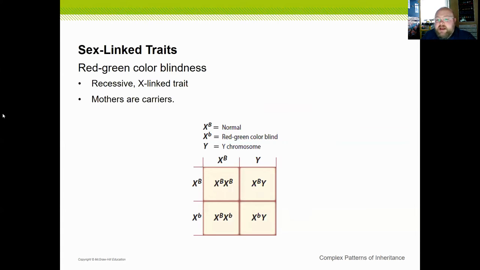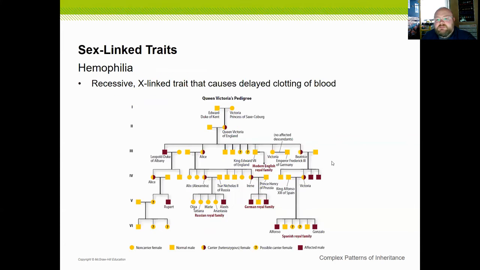Things like red-green color blindness are recessive X-linked traits. Mothers are the carriers in this case. Hemophilia is also recessive. It's an X-linked trait that causes delayed clotting of blood, so you do not want to get cut or wounded because you're going to bleed out.